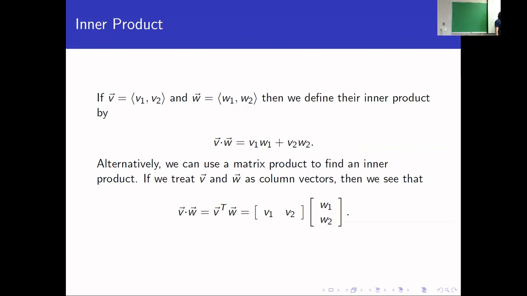This is a 1 row, 2 column matrix, 1 by 2. This is a 2 row, 1 column matrix, 2 by 1. 1 by 2, 2 by 1. The inside numbers match, so you can do the product. The outside numbers tell you the size of the product that you're going to get. You're going to get a 1 by 1 single number. Okay, so we can rephrase the inner product to be thought of in terms of matrix multiplication.